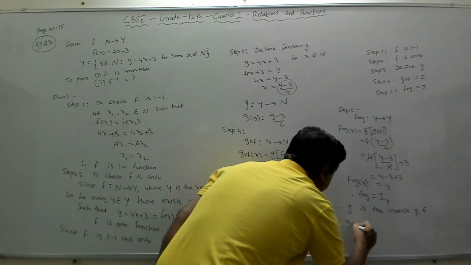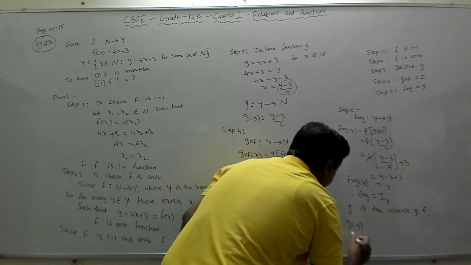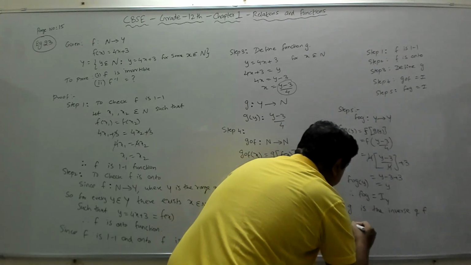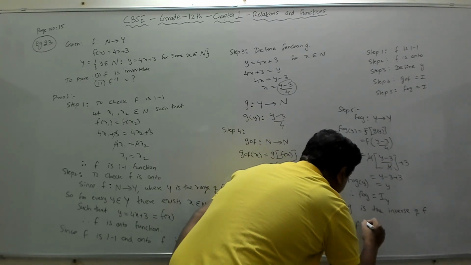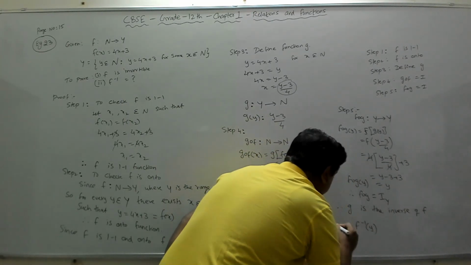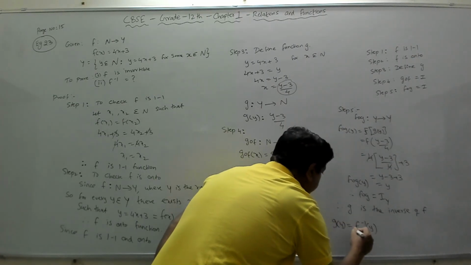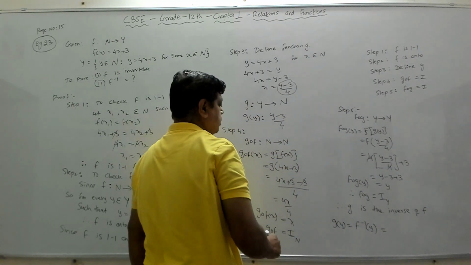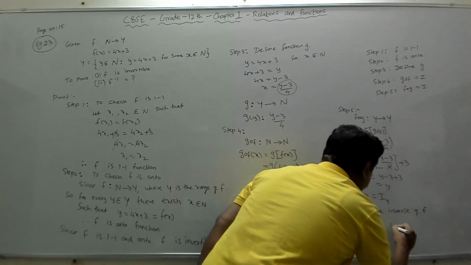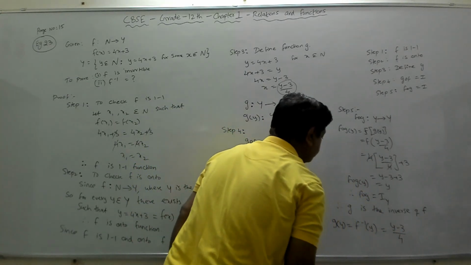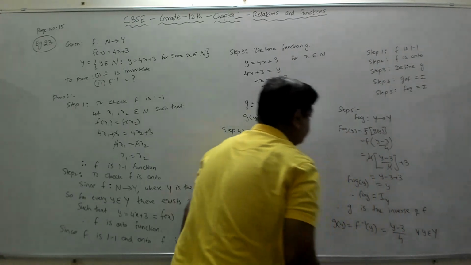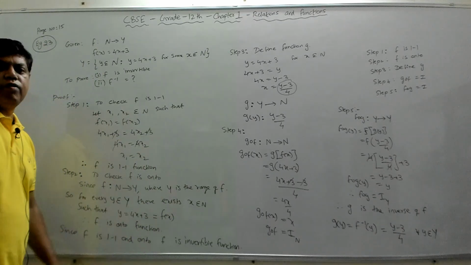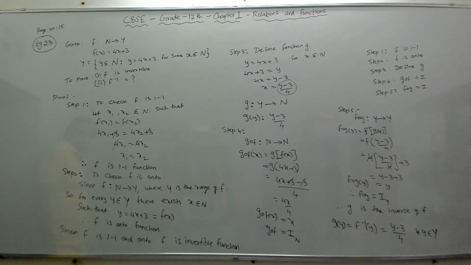And g of y we call f inverse of y, because g has become the inverse of f. So f inverse of y is equal to the definition y minus 3 by 4 for every y belonging to capital Y. That is the definition of your inverse of f.